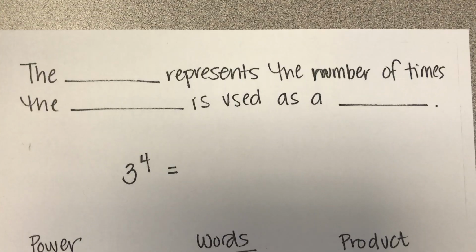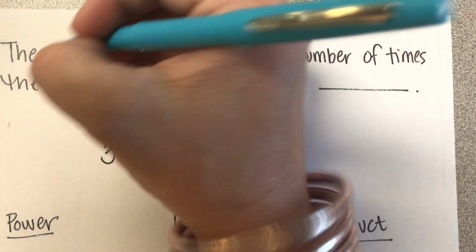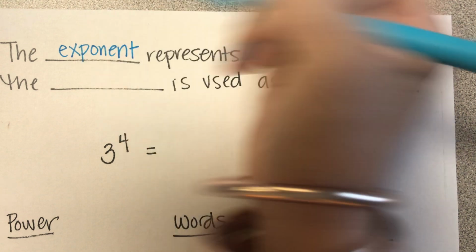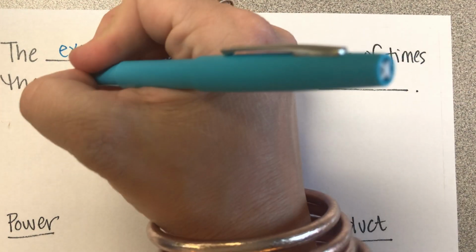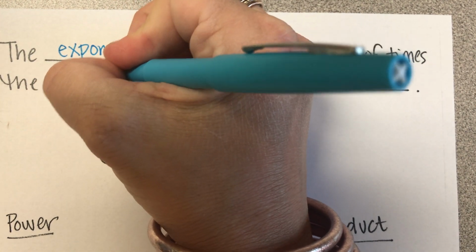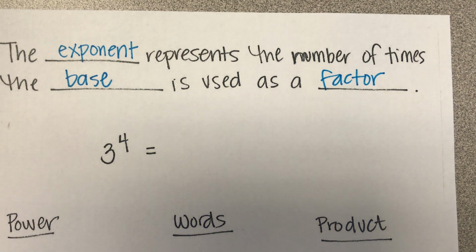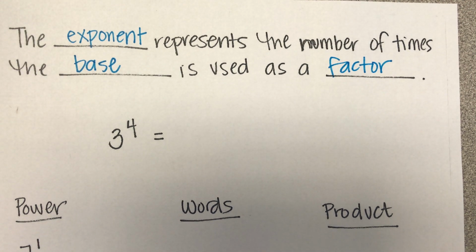Let's go to the next page and continue up here. The exponent represents the number of times the base is used as a factor. Let's look at this 3 to the 4th example.